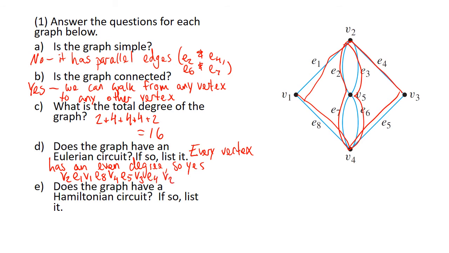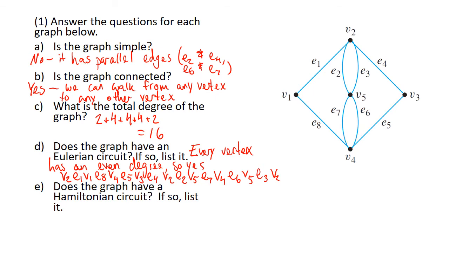And then I'm going to go down E2 to V5, and then I'm going to go down along E7 to V4, and then I'm going to come back up E6 to V5, and then I'm going to come back up E3 to V2. Okay, so I started and stopped at the same point, and I went through every edge exactly once, so that is an Eulerian circuit.